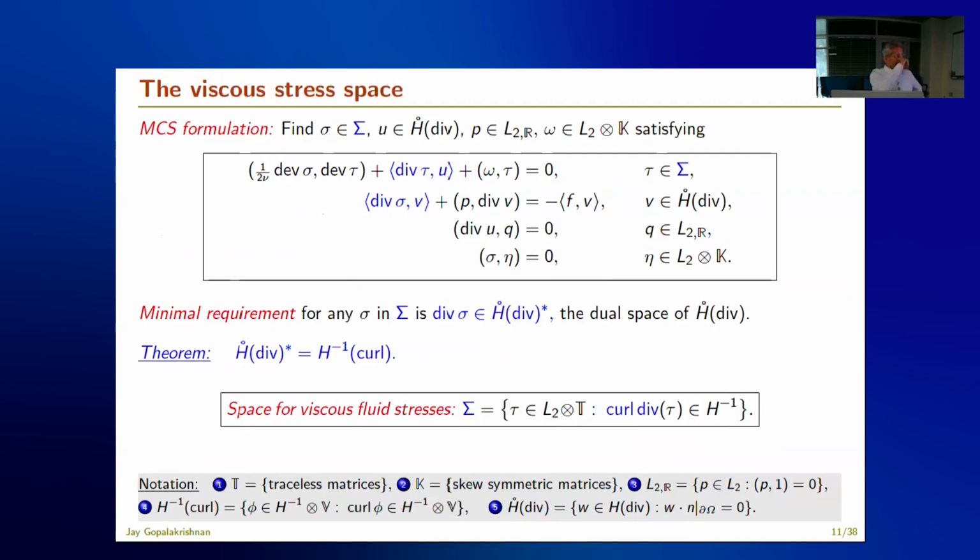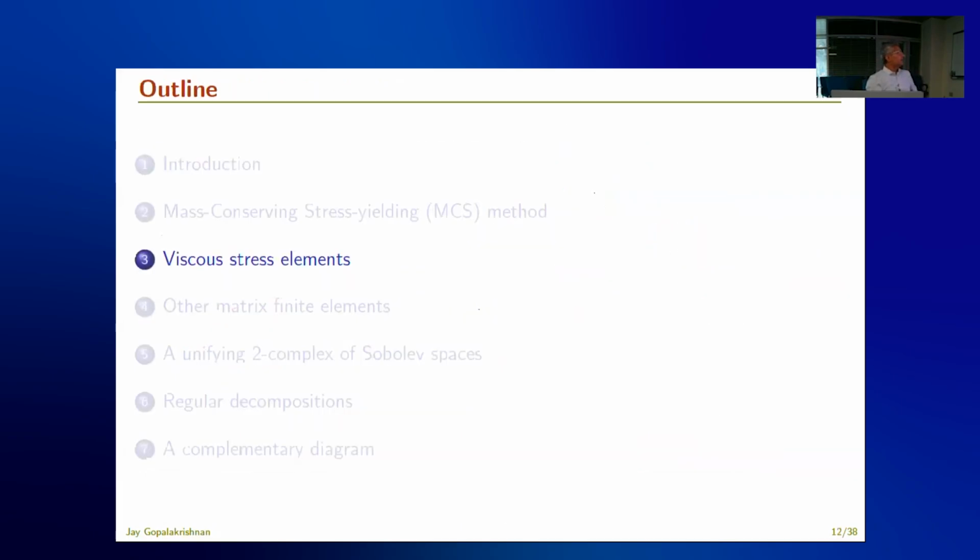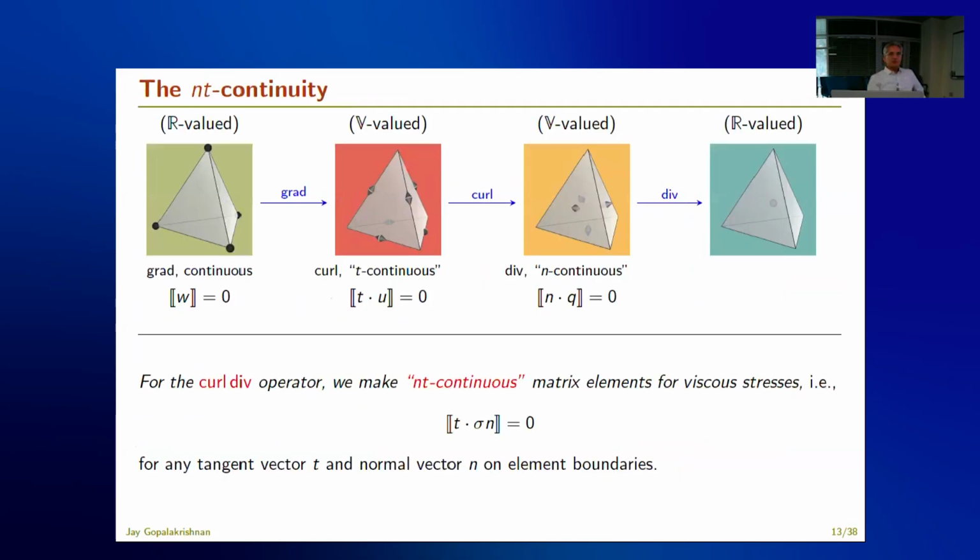Okay, with this in mind, what do we do about finite elements? Just taking inspiration, without going into too many technicalities, from the de Rham complex again, we know that if we want curl-conforming elements, we need tangential continuity. If we want div-conforming elements, we need normal continuity.